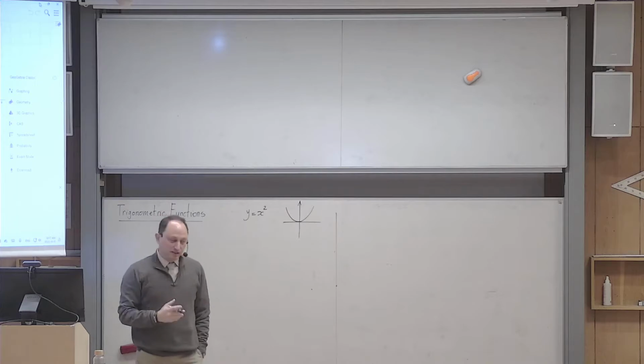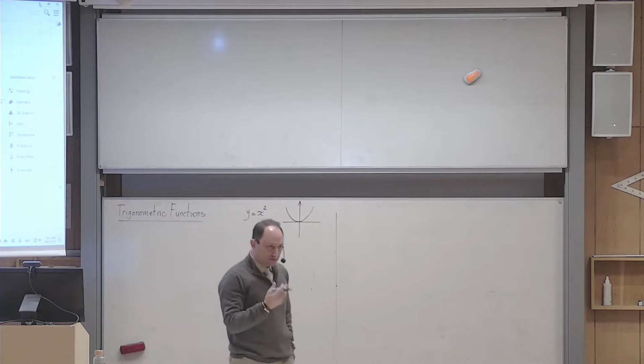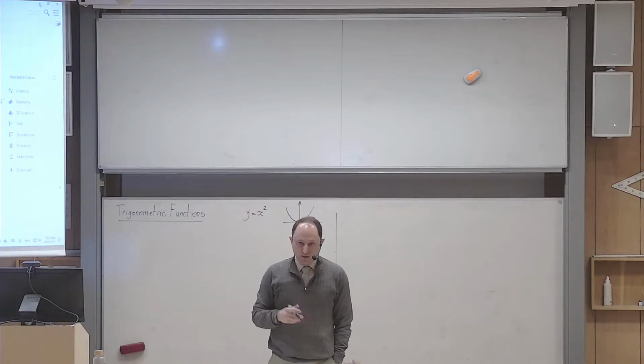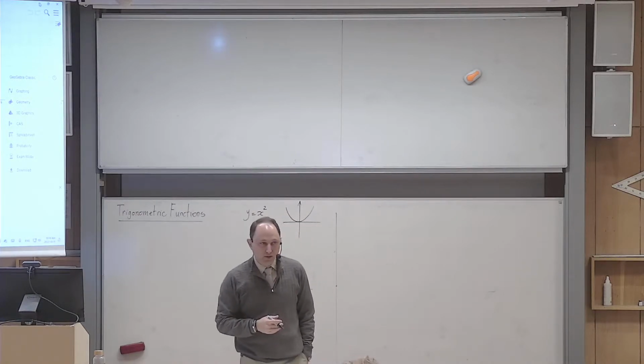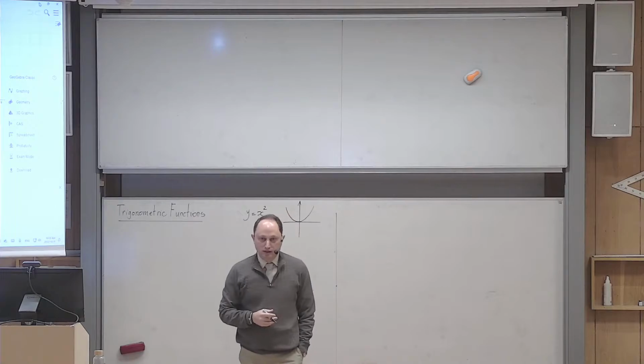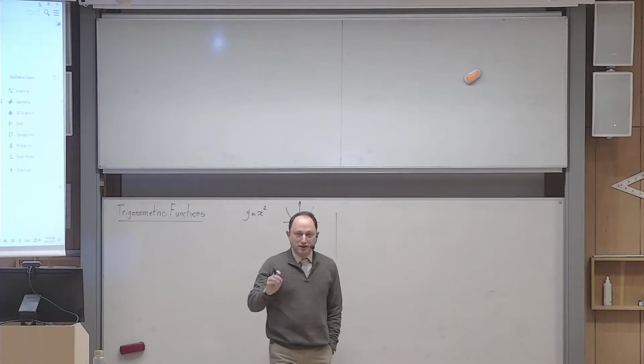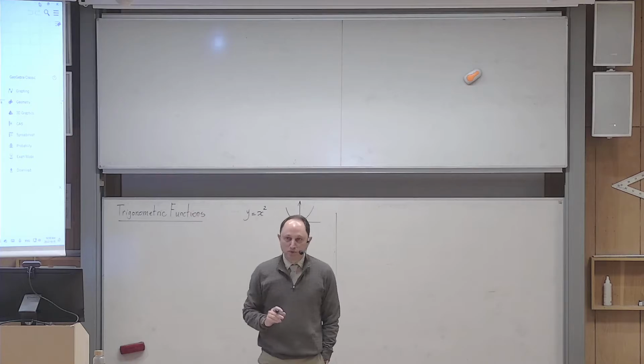So we want to have more or less the same understanding about the graphs of trigonometric functions, starting with sine and cosine. Tangent is a little bit more difficult. Why do you think that this is the case for tangent?